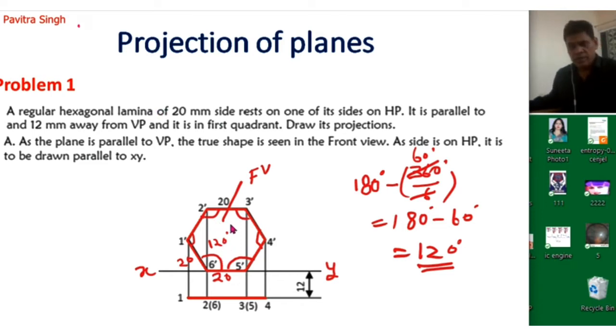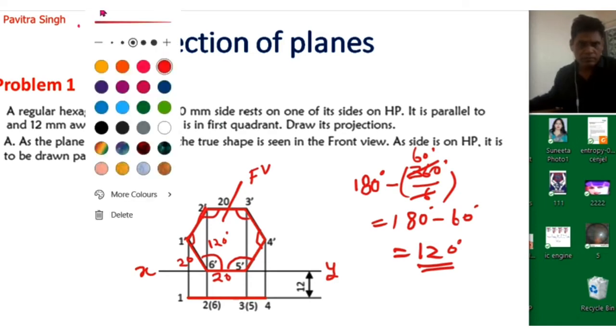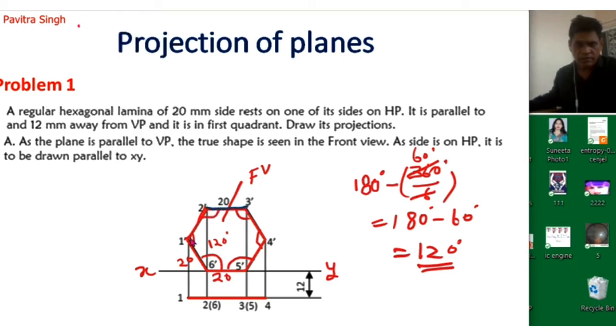If we look at this lamina from the top direction, this line and this line and this line will be visible from the top direction. This will be projected 12 mm away from the vertical plane, meaning below the xy line.